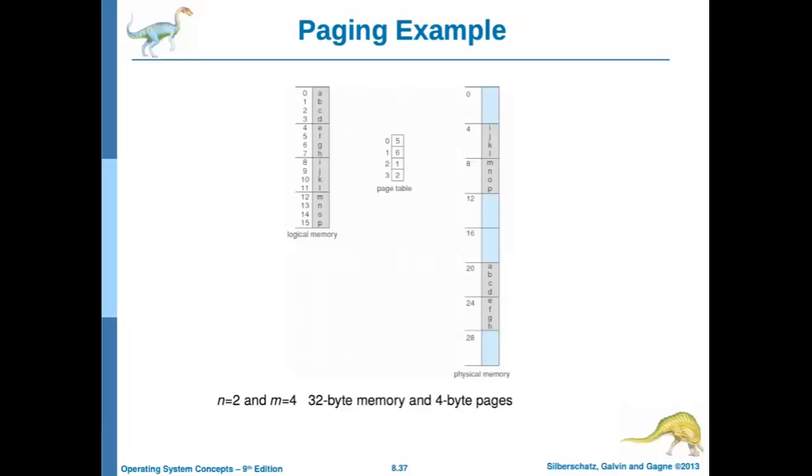Now, the first item is A, next one is B, then C. Rather, I can say the content of that, maybe instruction, maybe data. So A, B, C, D, E, F, G up to P. Total 16 bytes are there in the logical memory of your process. Now, 4-byte pages are used here for simplicity. That means the size of a frame is just 4 bytes.